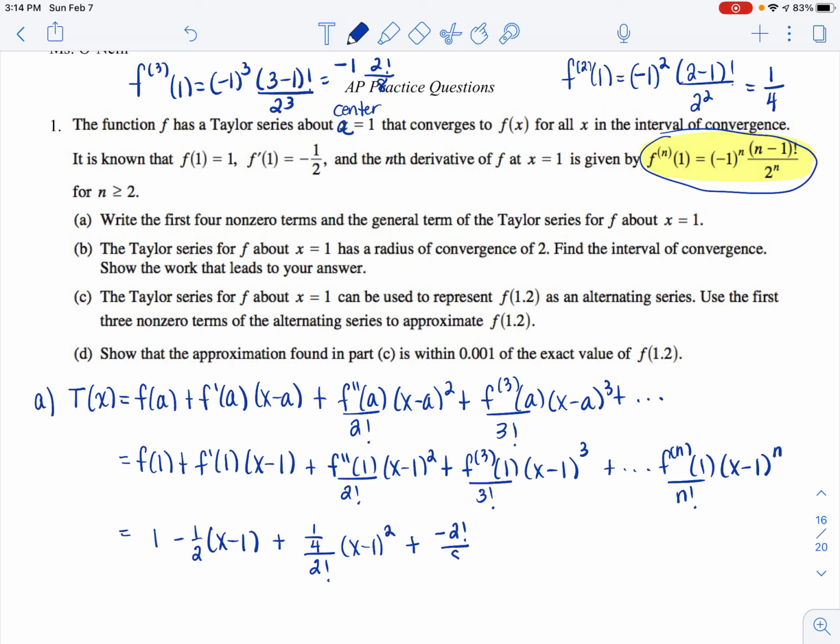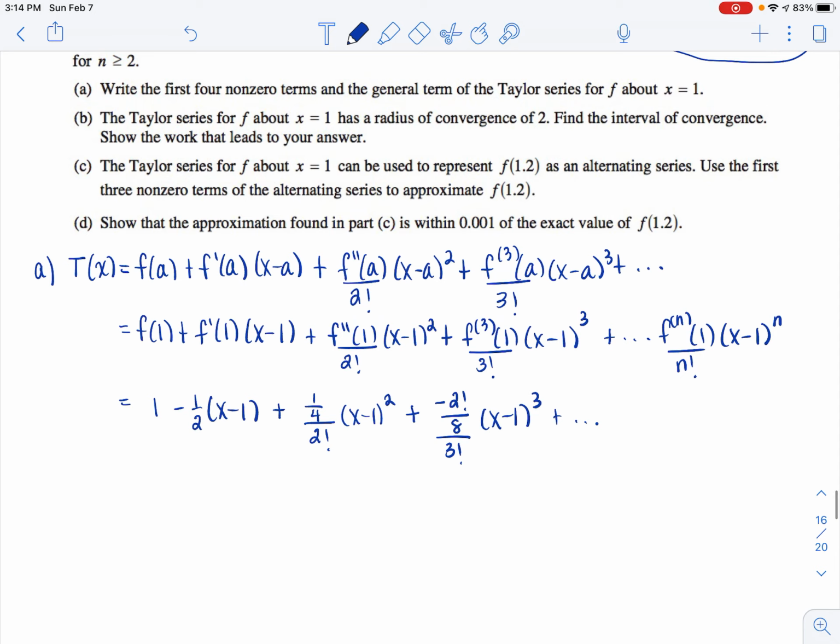Okay, so I have negative 2 factorial over 8. Don't forget the 3 factorial that was there to begin with, and then I have the x minus 1 to the third. Okay, and again, eventually I'm going to want to write out what the nth term looks like for that. So I have to clean this up actually a little bit. I know I've said many times you don't have to simplify, but I think this is one of those ones that you're going to want to simplify to try to figure out what the pattern is in this situation.